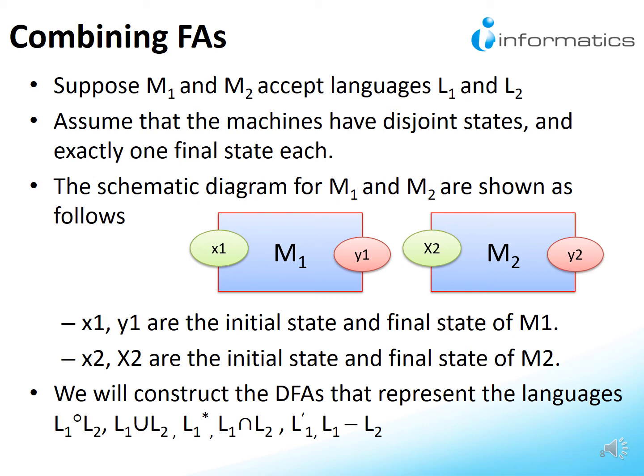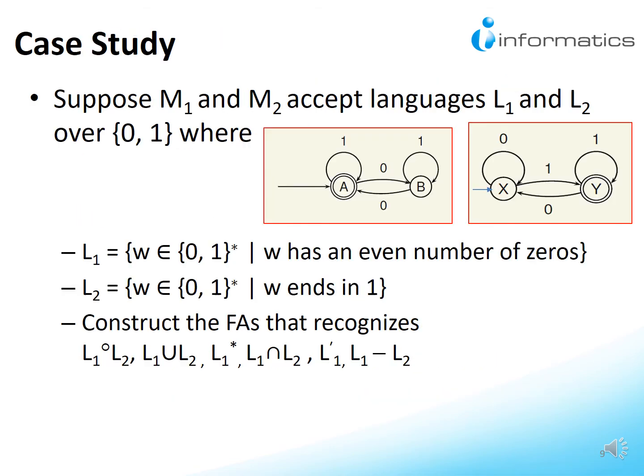We would like to construct machines based on M1 and M2 that will be able to accept composite languages such as L1 concatenated with L2, L1 union L2, L1 Kleene star, L1 intersect L2, L1 complement, and L1 subtract L2. We are going to do it with a simple case study. Consider these two machines M1 and M2 that accept languages L1 and L2 respectively.